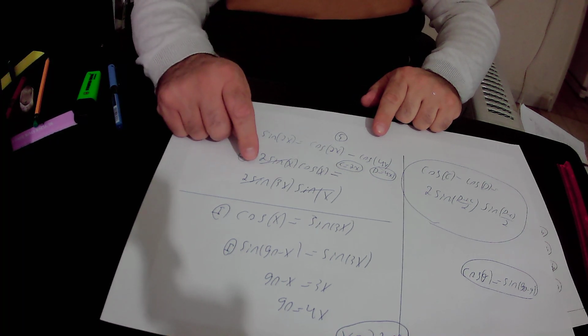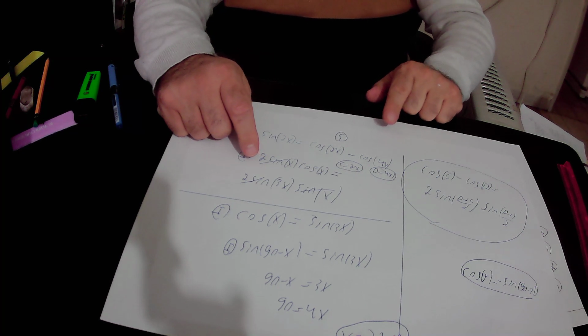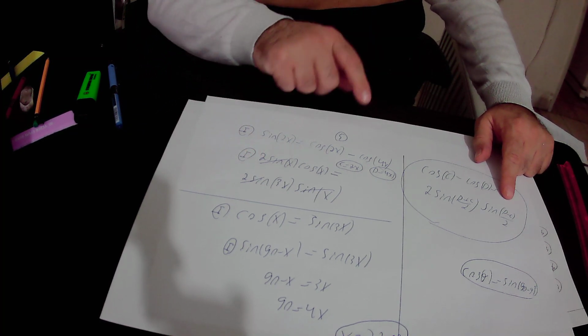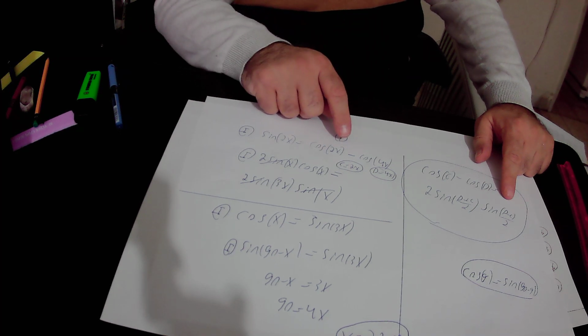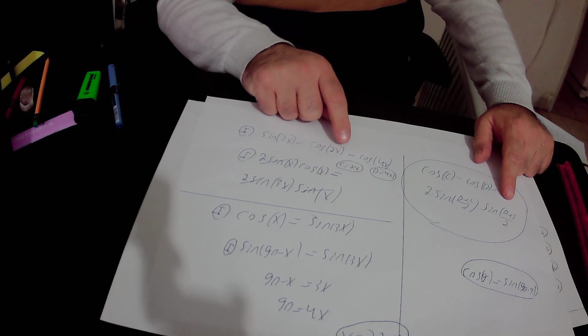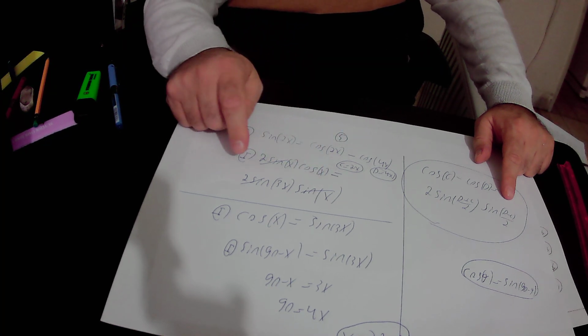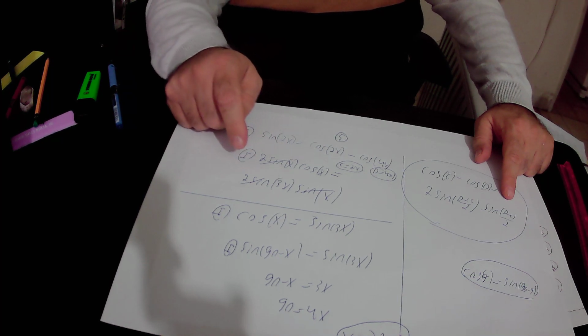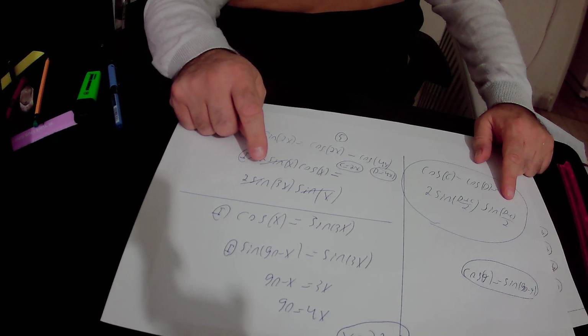So it is 2 sine 3x. And here we also have (d minus c) over 2. D is 4x, c is 2x, so 4x minus 2x is 2x, and 2x over 2 is x. So we got here sine x. In conclusion, we got that 2 sine x cosine x equals 2 sine 3x sine x.